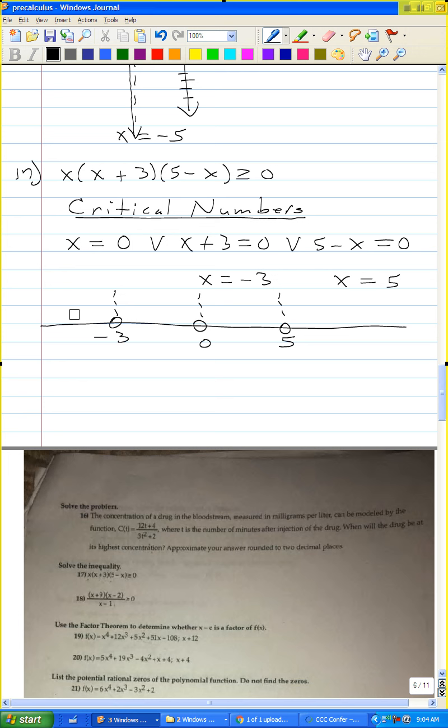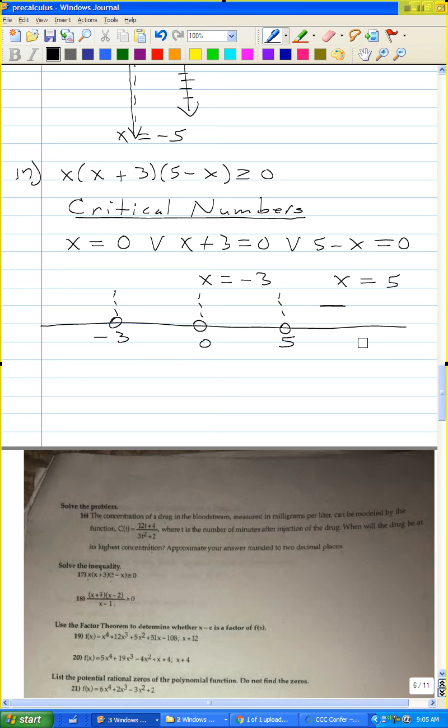Okay, so let's take a number bigger than 5. Let's say 6 as a test number. 6 is positive. 6 plus 3 is positive. 5 minus 6 is negative. Positive times negative is negative. Okay, any questions about that? Yeah, and you could choose any number greater than 5.